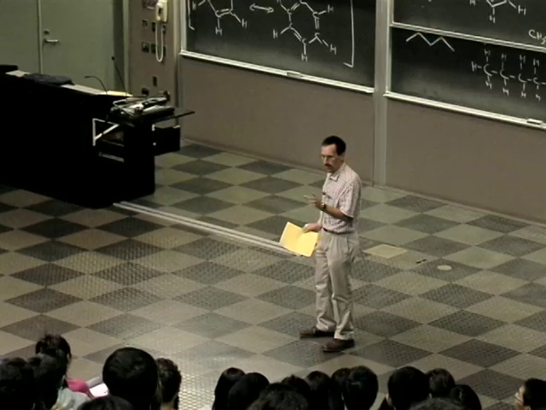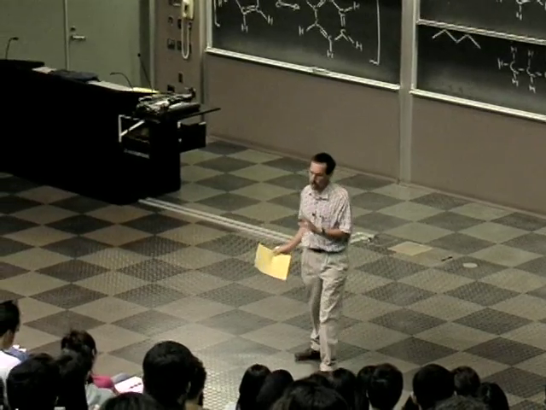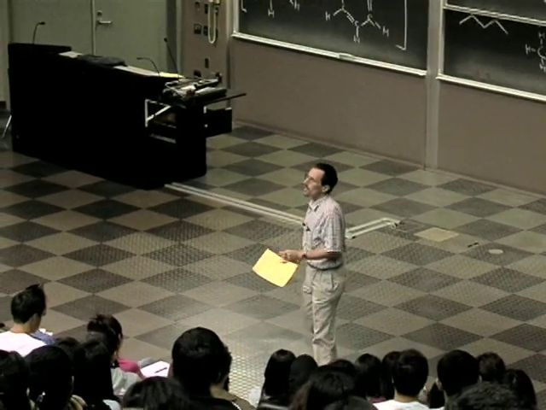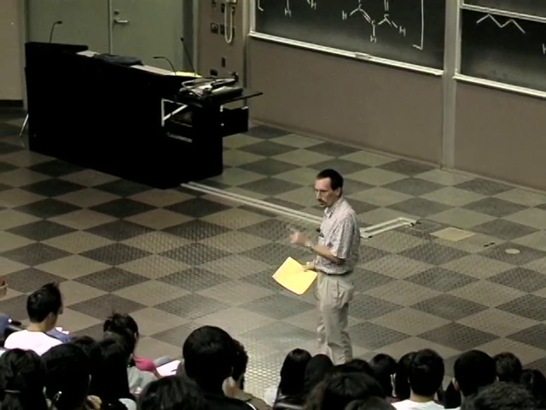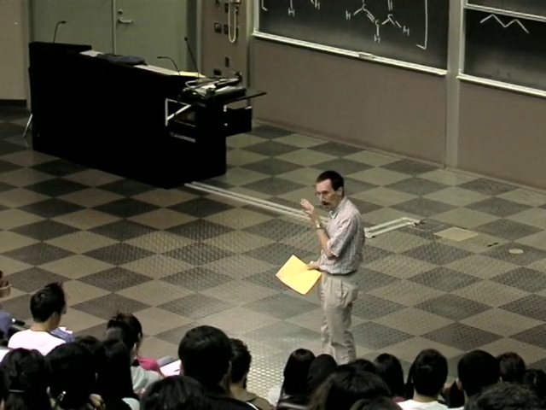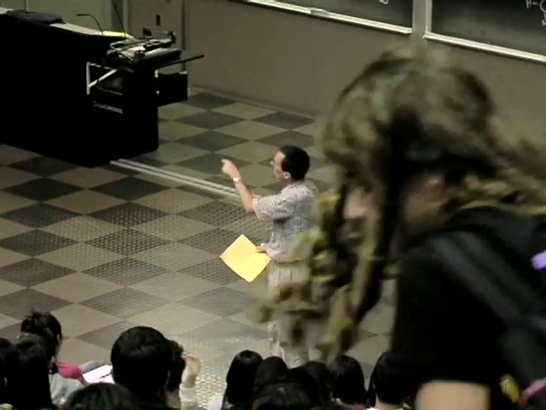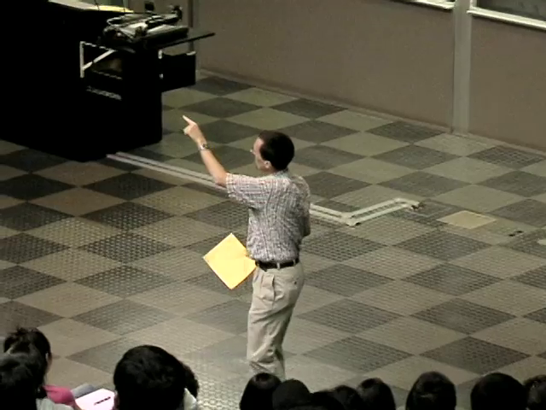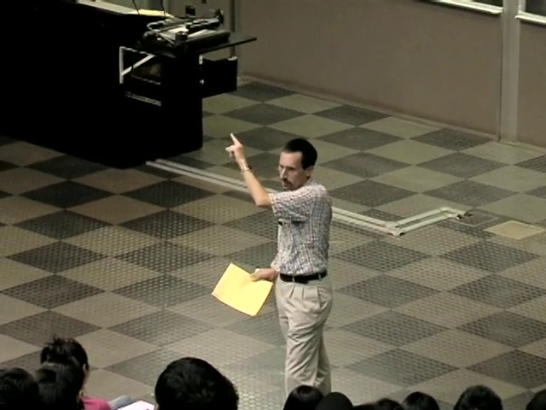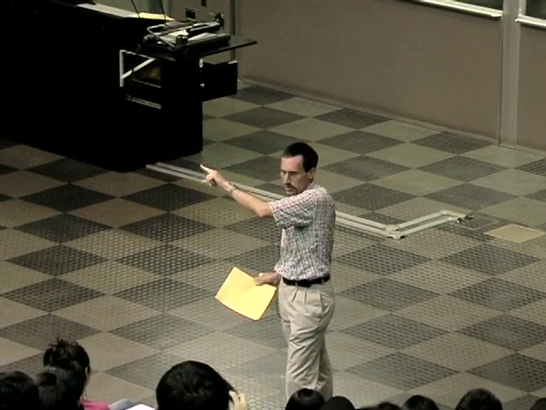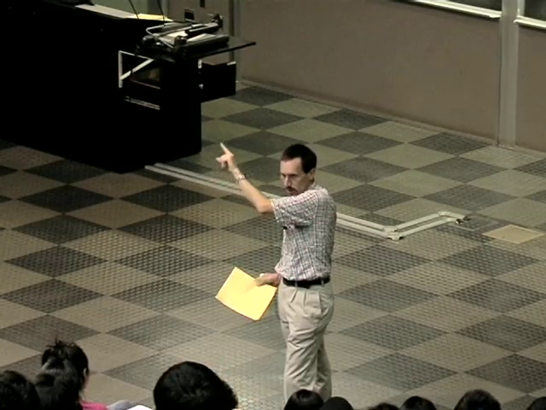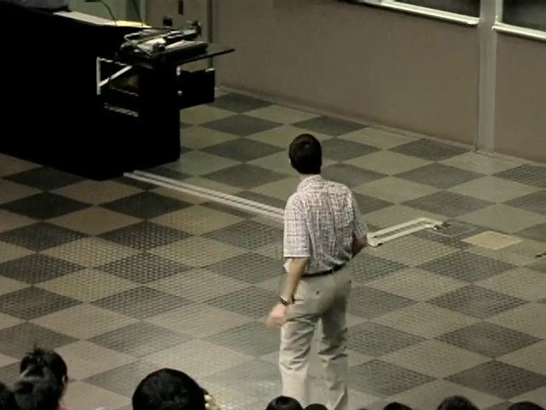Implicit in this is that carbon has 4 things bound to it, 4 valencies. If we go across the periodic table, nitrogen has 3, oxygen has 2.